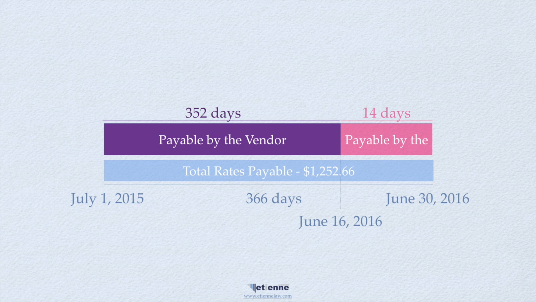In New South Wales, council rates are levied on a financial year basis from 1 July to 30 June in the following year. You can see from the timeline that if settlement is on 16 June, then the vendor will have been in occupancy of the premises for 352 days.